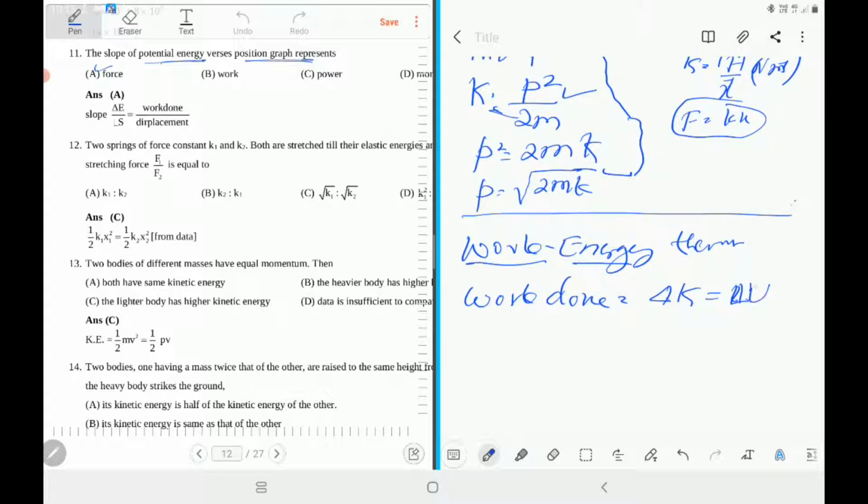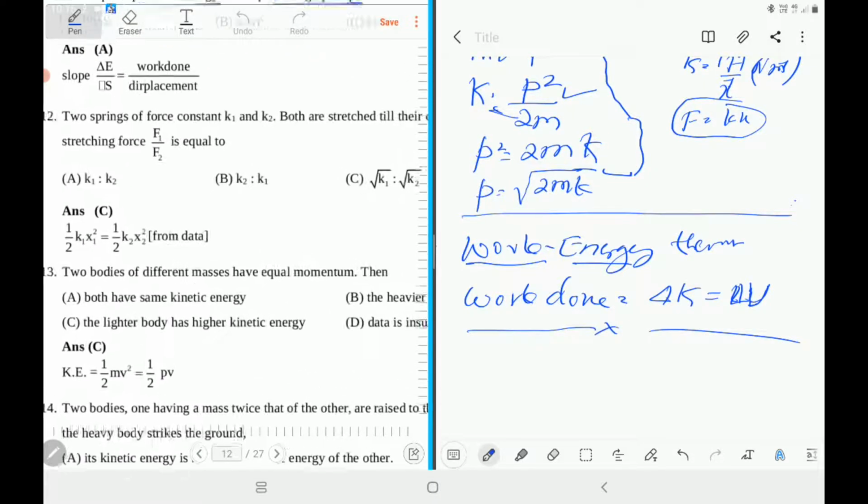Work done manifests itself in nature as change in energy, kinetic or potential energy. And the law of conservation of energy says energy can neither be created nor be destroyed, but can be transformed from one form to another. Now, using these ideas, we will see some simple problems.